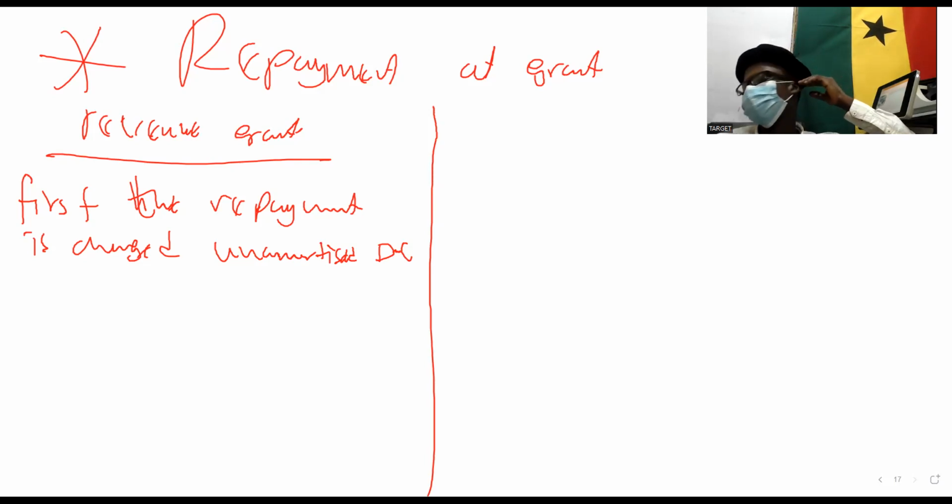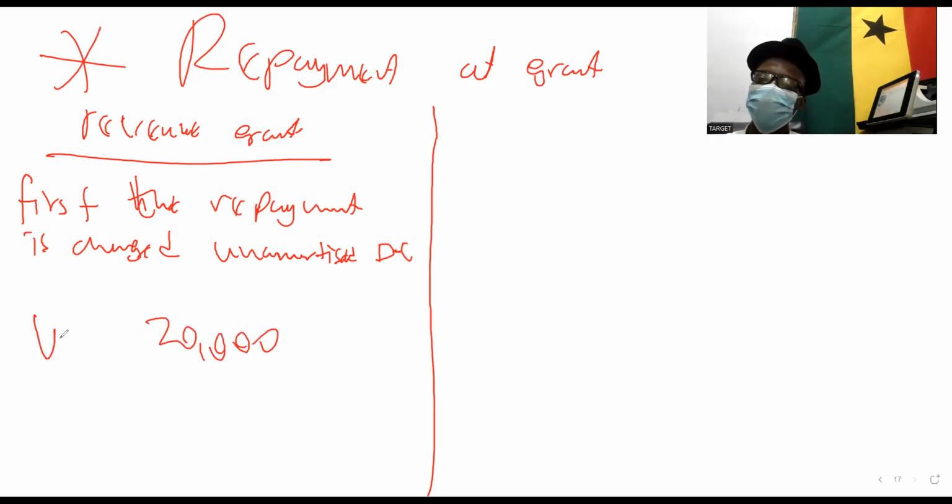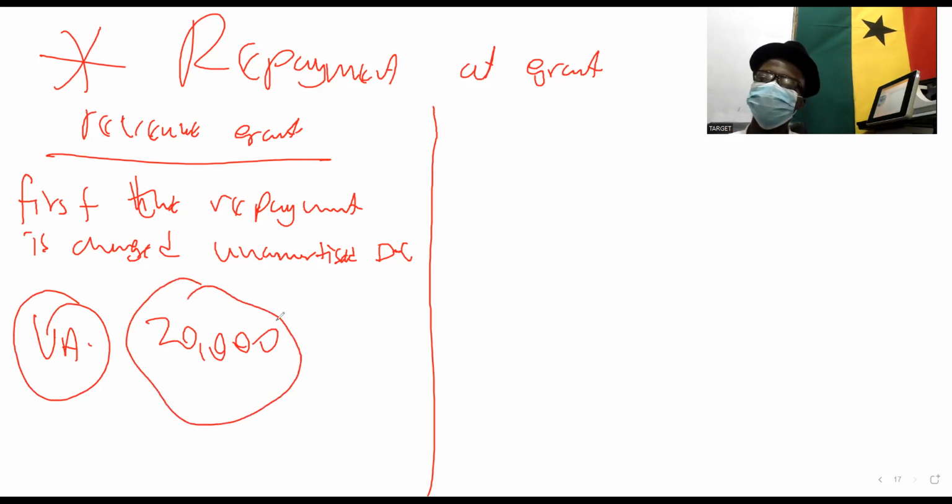So where the unamortized value is lesser, to that extent, the difference. Imagine you have an unexpired amount of 20,000, and government said this is the unamortized grant. It means this grant is still sitting in your books. You have not touched that money.